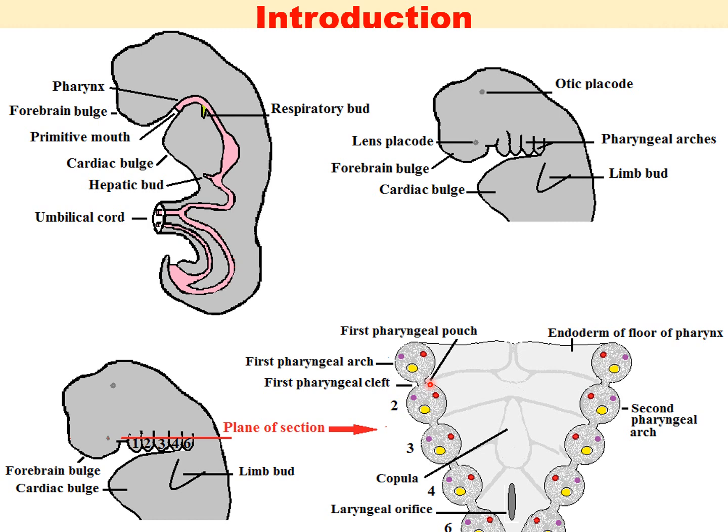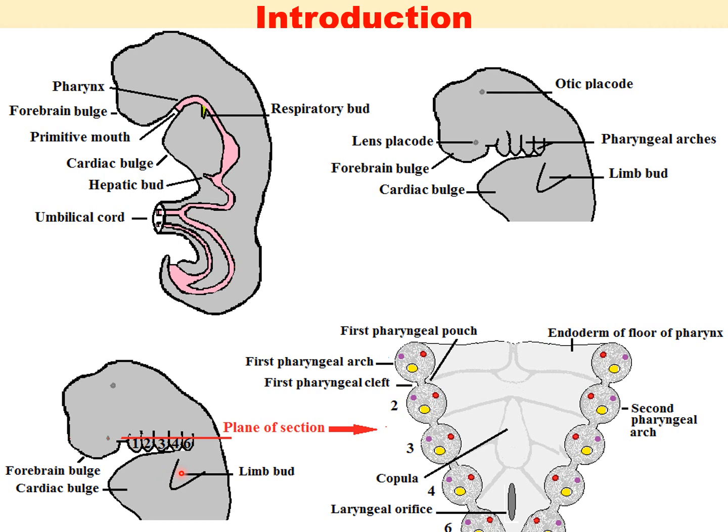So we have 6 pharyngeal arches separated by 5 clefts from the outside and 5 pouches from the inner side. Fate of these arches: the fifth pair completely disappears.